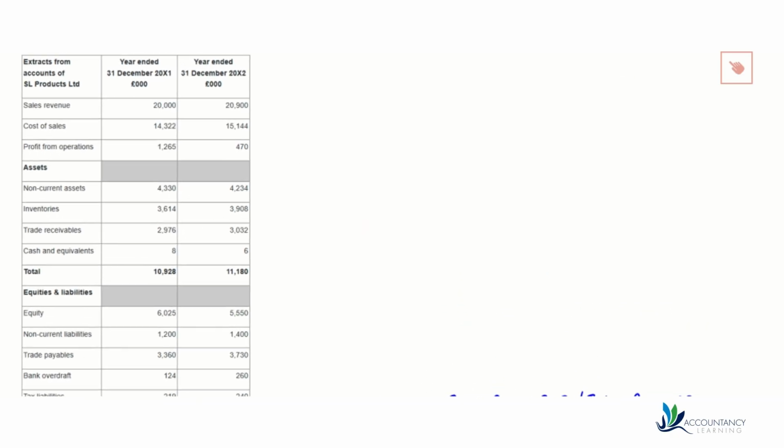So we're going to be looking at the 20,900 minus the 15,144, and then we're going to divide that again by the sales revenue of 20,900.